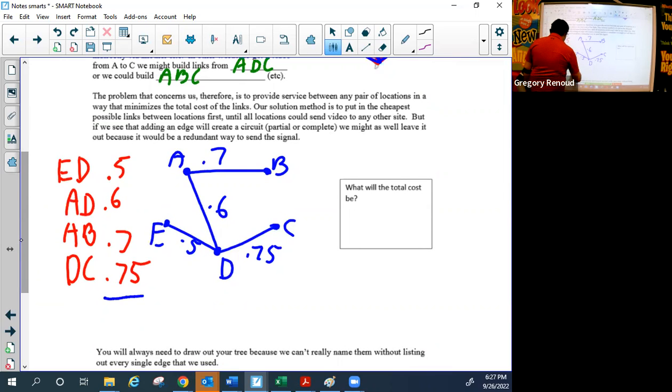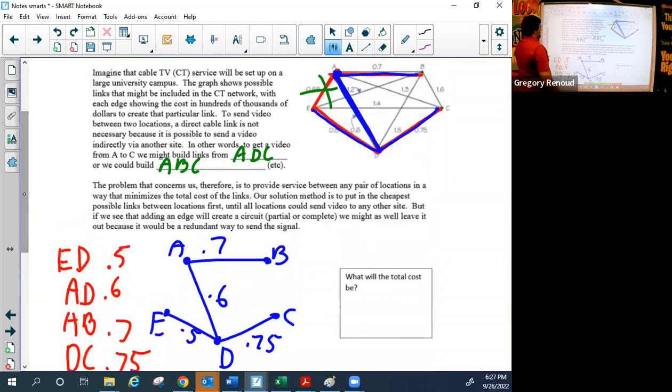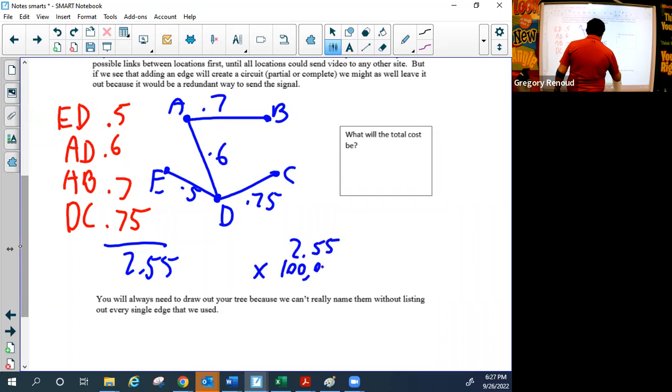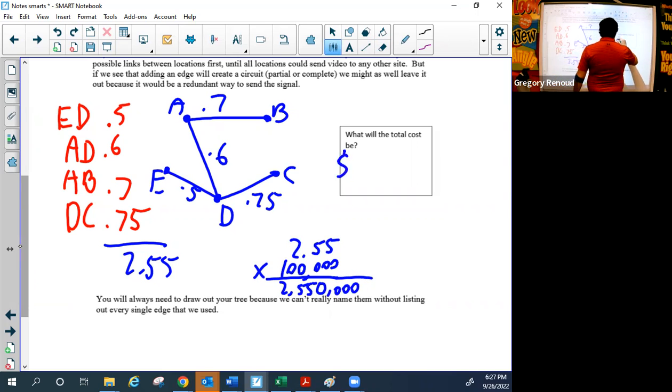If I add these up, they add up to 2.55. It says this is the cost in hundreds of thousands of dollars. So 2.55 times 100,000, we get 2,550,000. So what will the total cost be?